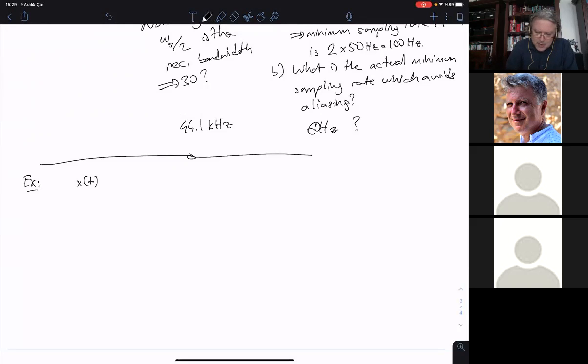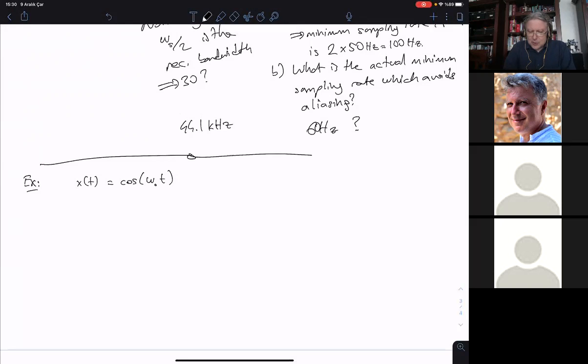And trust me, you can find a lot of such examples on the internet as illustrations. I'm trying to draw all these things on the whiteboard, but if you search for aliasing sampling as keywords, you will find a lot of material regarding these things.